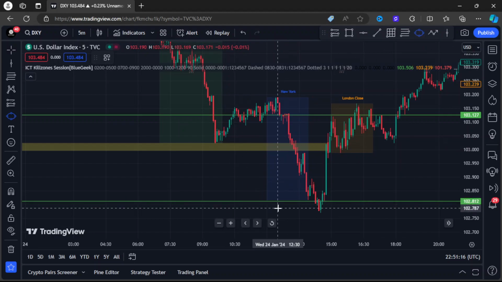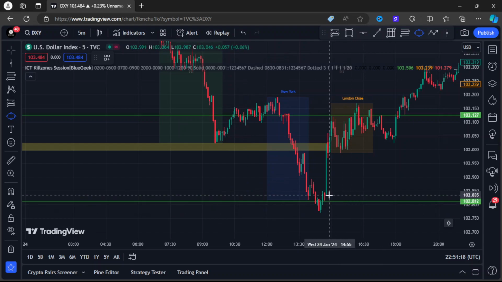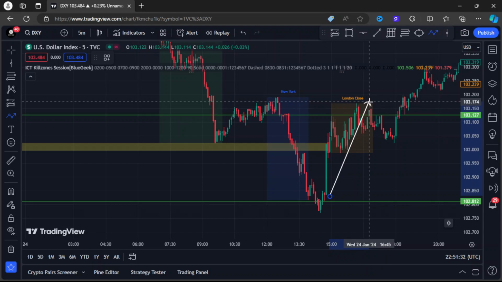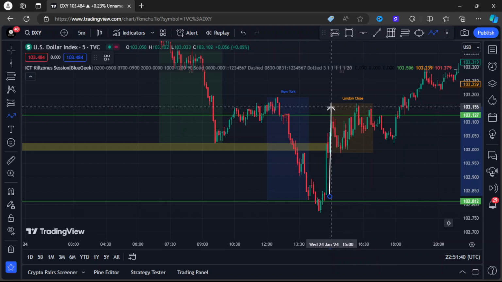But you're still respecting our support zone right here, and you could see after taking the liquidity, it went up into the London close. London close ends at 4:50 p.m. GMT.